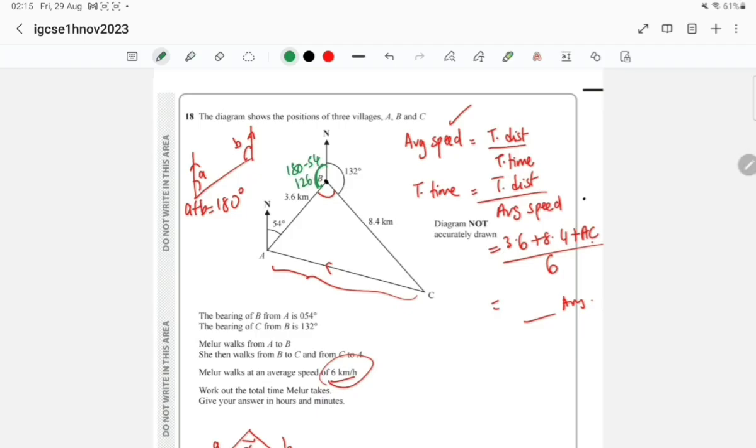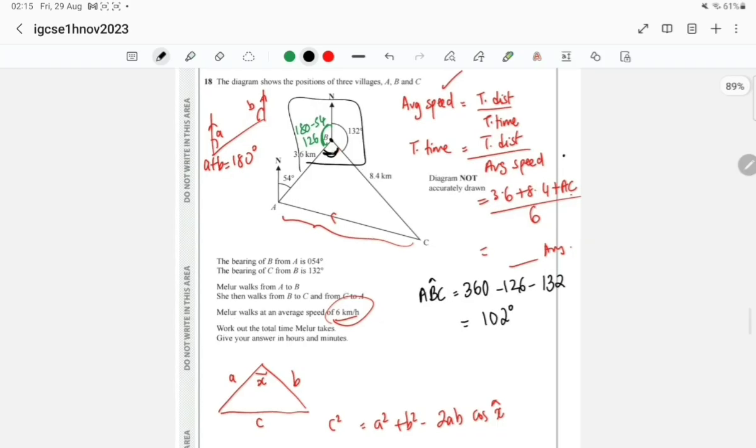So I know this is 126. Now this is angle at a point. I can easily find this angle ABC by taking 360 and subtracting 126 and subtracting 132 from that. From that, my ABC will be 102 degrees.